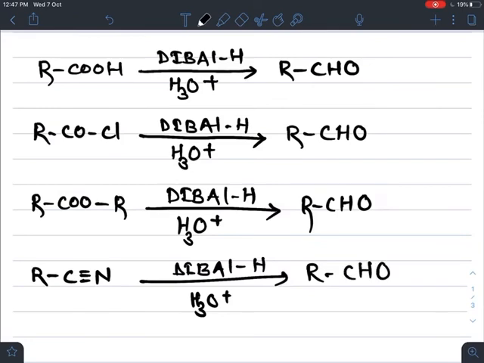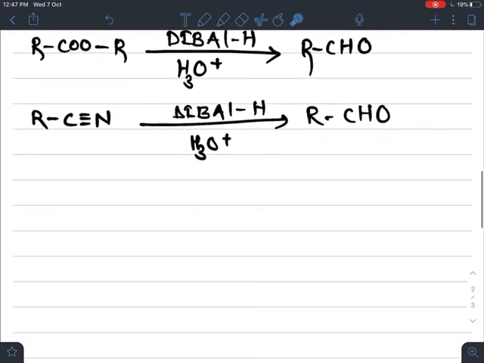So these are the four important organic compounds that, on reduction with diisobutyl aluminum hydride and further acid hydrolysis, give corresponding aldehydes. This is the most important method for the production of aldehydes from different organic compounds.